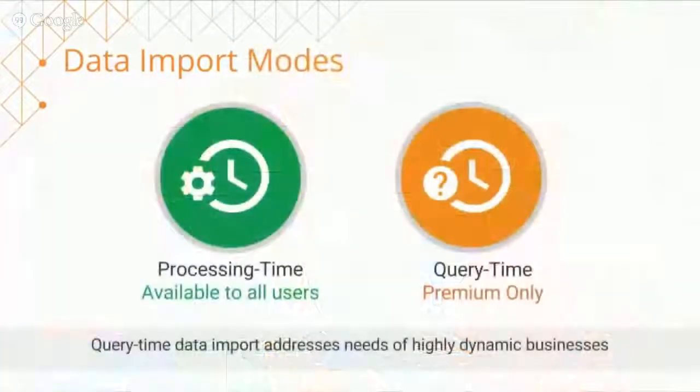Now, just to delve a little deeper into the reference data use case, we support two different import modes for reference data, and this is processing time and query time.